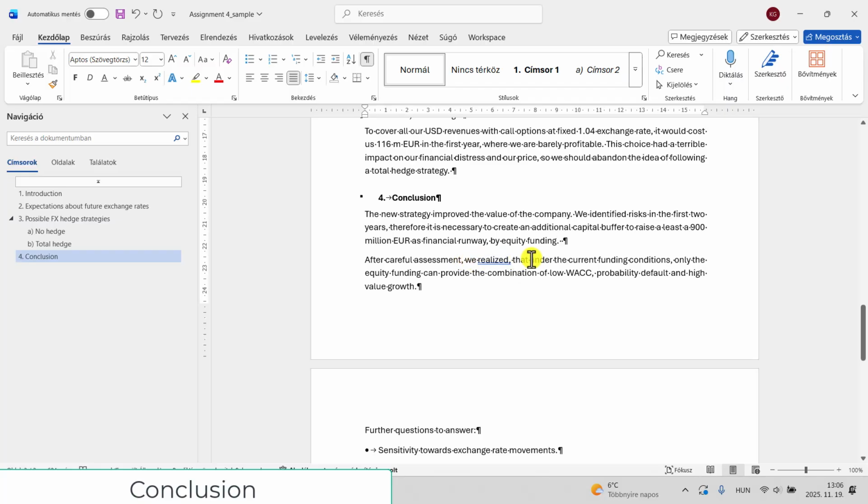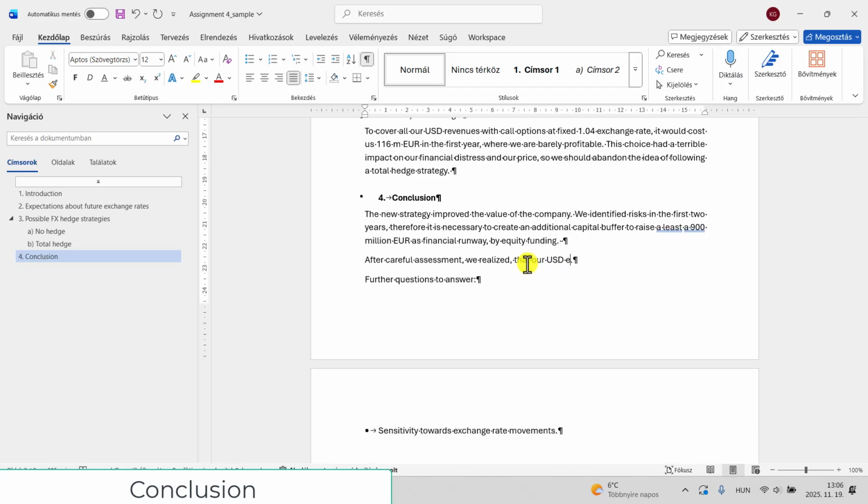After careful assessment, we realized that our USD exposure should not be covered by options because it would cause a dramatic deterioration in corporate value and financial distress.